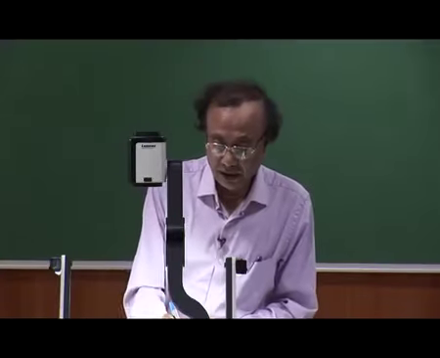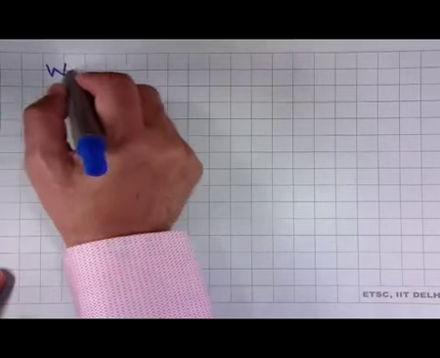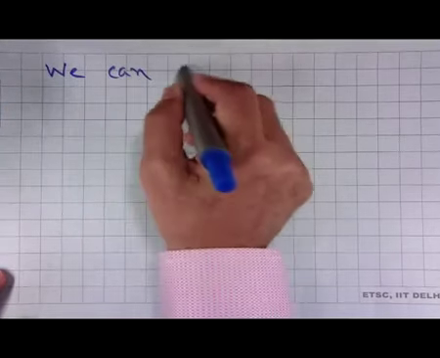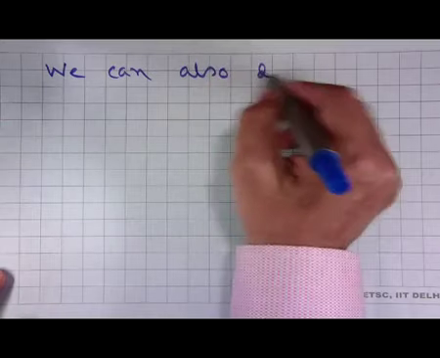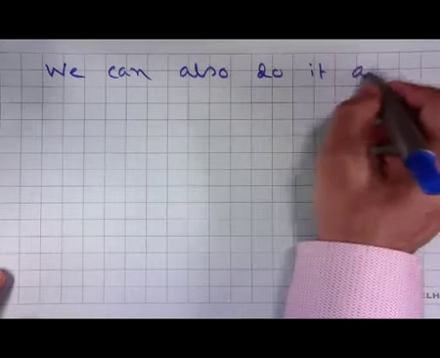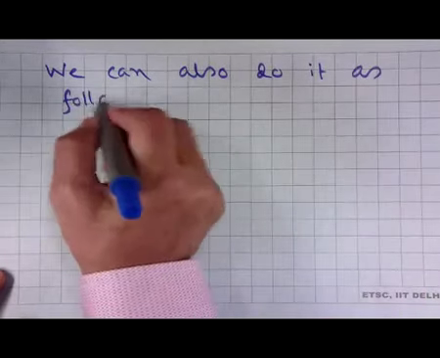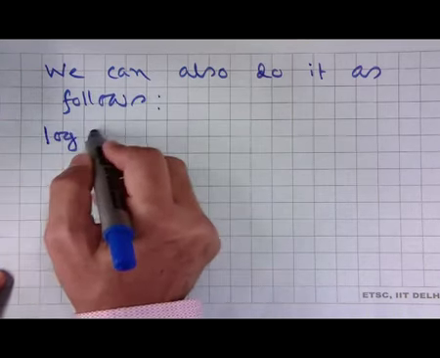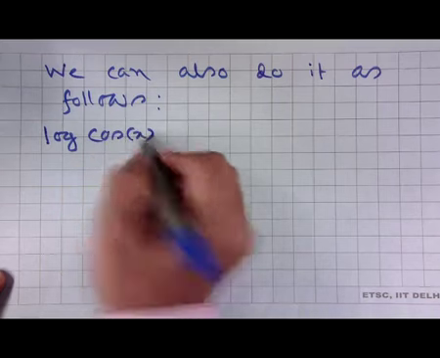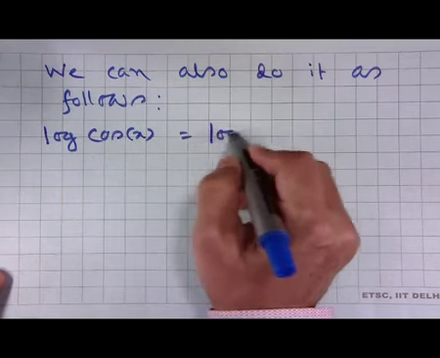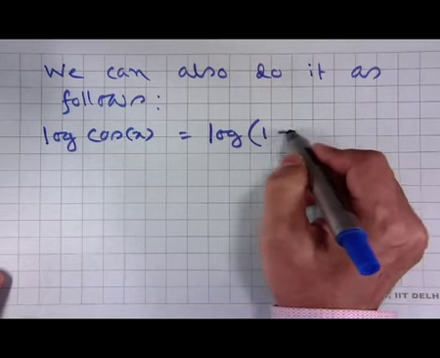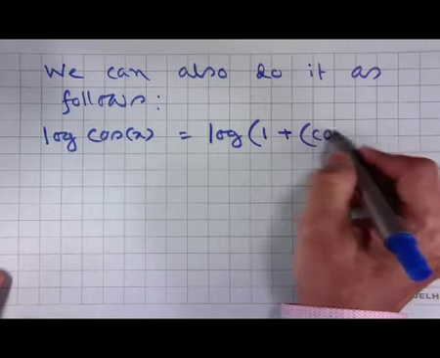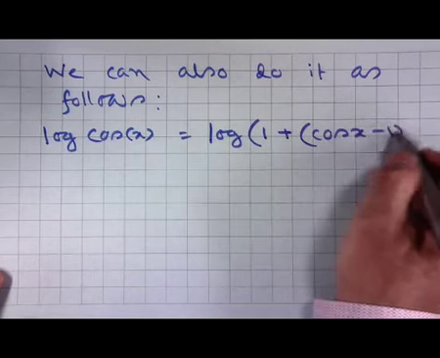You can also do it in a different way. We can write log of cos x is equal to log of 1 plus (cos x minus 1).